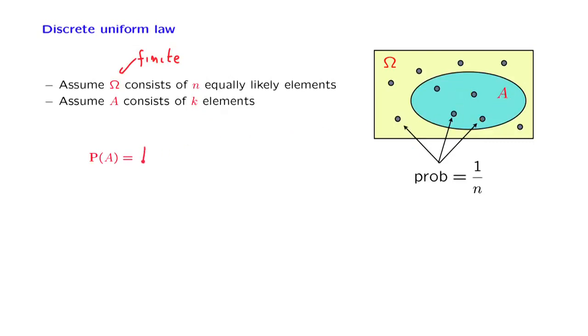There are k elements, and each one of them has a probability of 1 over n, and this way we can find the probability of the set A. So when we have a discrete uniform probability law, we can calculate probabilities by simply counting the number of elements of omega, which is n, and counting the number of elements of the set A. That's the reason why counting will turn out to be an important skill, and there will be a whole lecture devoted to this particular topic.